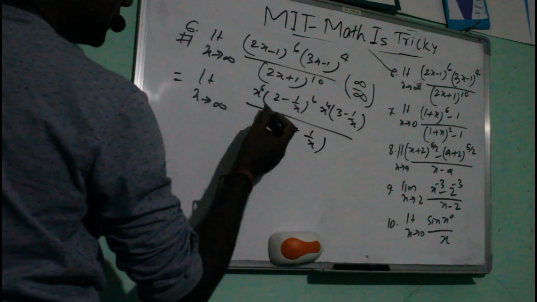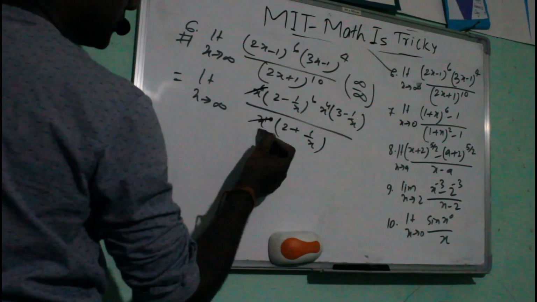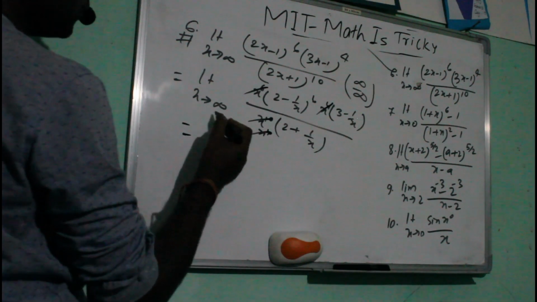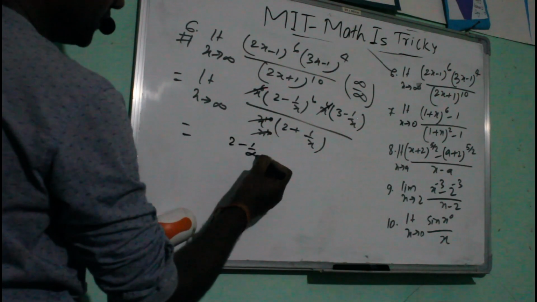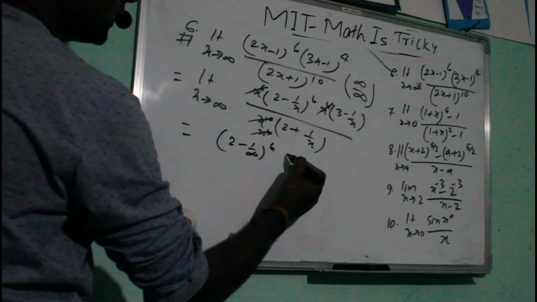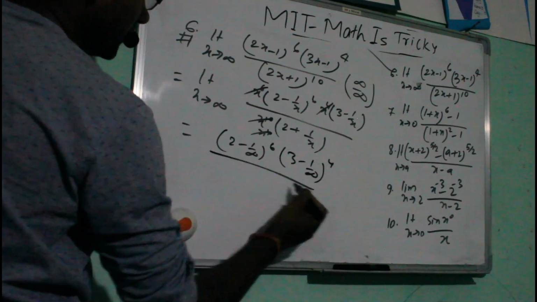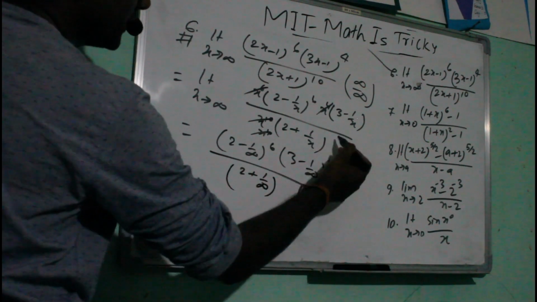Now this we can cancel here, x power 6 and x power 4, so x power 10 cancels. So in the remaining let's put x as infinity, so 2 minus 1 by infinity power 6, 3 minus 1 by infinity power 4, then by 2 plus 1 by infinity power 10.